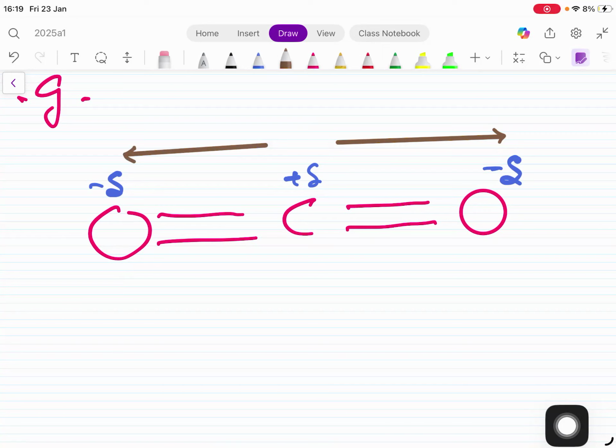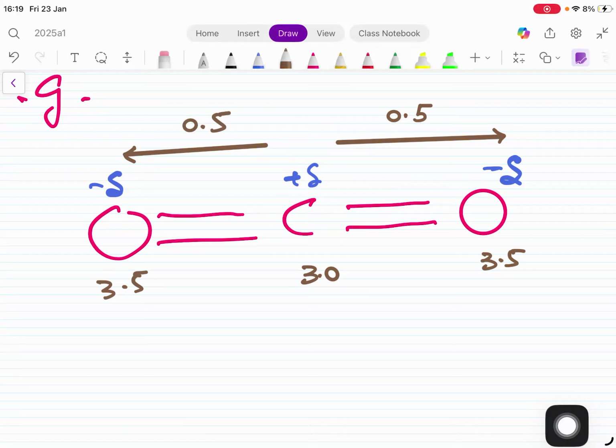And the magnitude of the vector is the difference of electronegativities. So there is some maths going on. We have the electronegativity values, 3.5 for oxygen and 3 for carbon. What is the difference? What is the vector value for this? 0.5. And what is the vector value for this? Also 0.5.